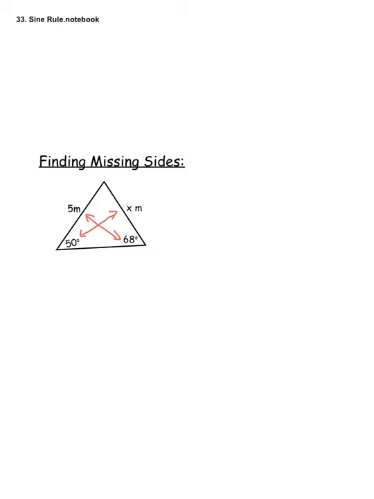Okay, we're finding a side for this question, so we're going to start with our sine rule with our sides on top. So A over sine A equals B over sine B equals C over sine C. So our A, B and C on the top are all side lengths. Our sine A, our sine B and our sine C are all sines of angles.